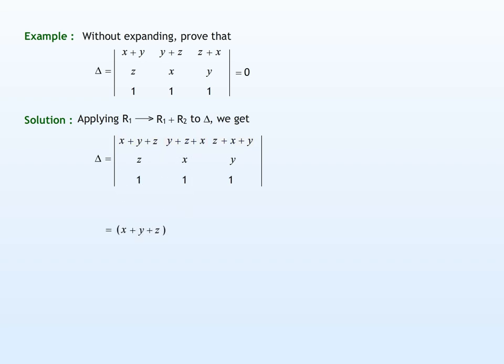Taking x plus y plus z common from the first row, we have x plus y plus z multiplied by a determinant whose first and third rows are the same. Therefore, the value of the determinant is equal to 0.